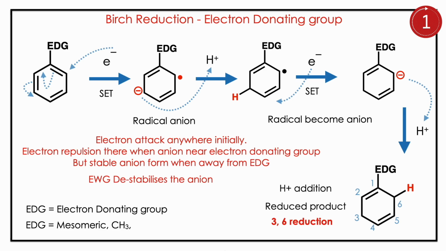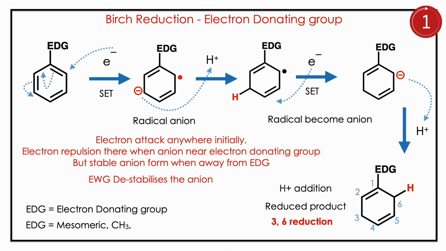Then the similar but opposite example, electron donating group. Here the electron is the nucleophile, same story, but the anion cannot form near the electron donating group because both have the same charge, so they repel each other, or you can say both increase the charge density. Less charge is more stable. So the anion forms away from the electron donating group, giving a radical anion through the SET mechanism.